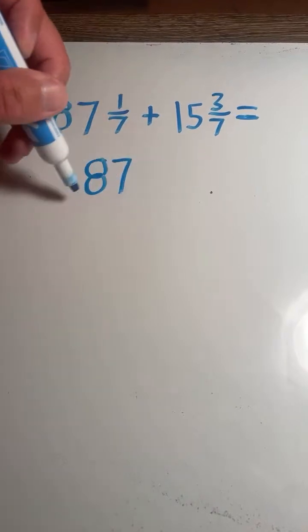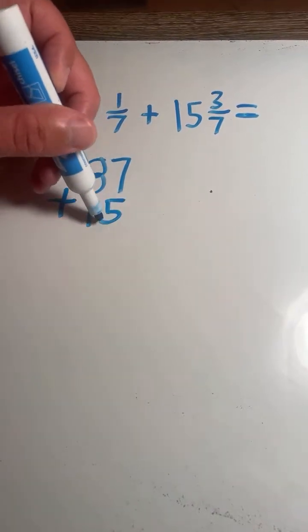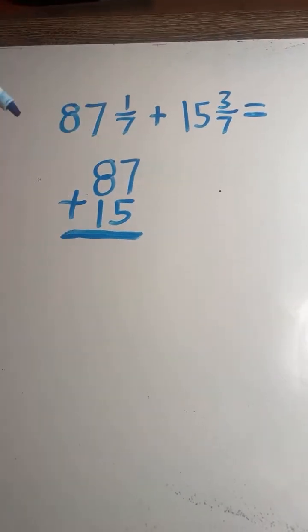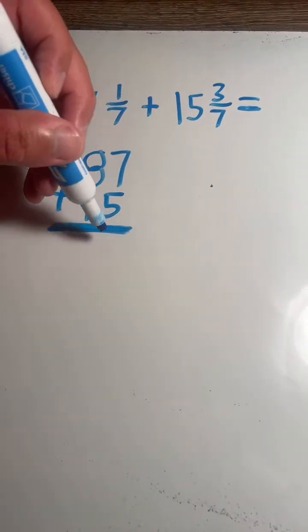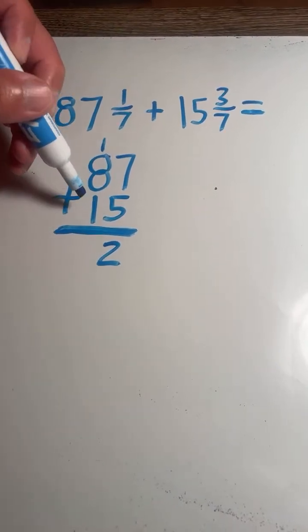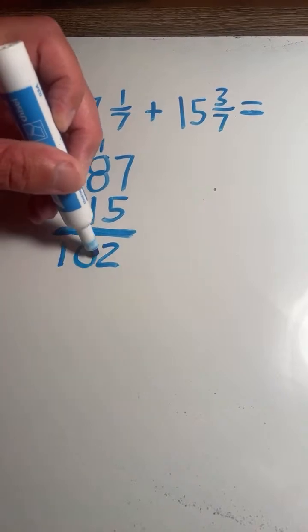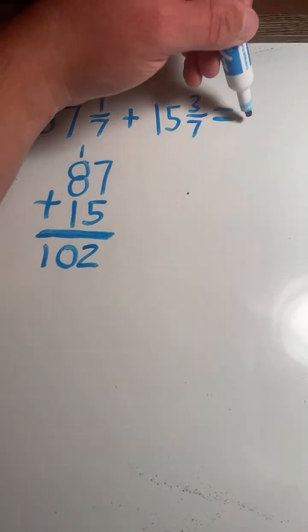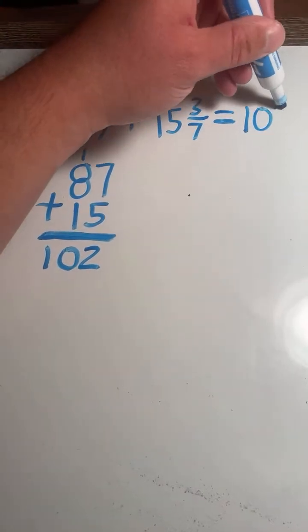So step 1, we add our whole numbers, 87 plus 15. 7 plus 5 equals 12. 2, carry the 1. 1 plus 8 equals 9, plus 1 equals 10. Our whole number is 102. 87 plus 15 equals 102.